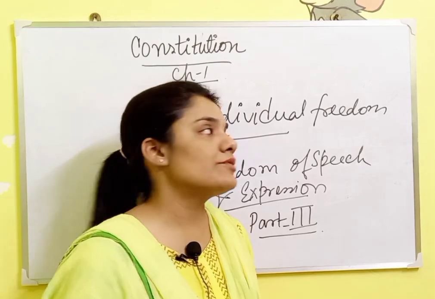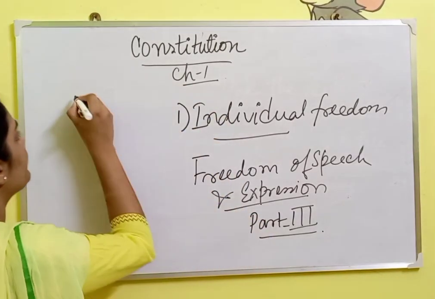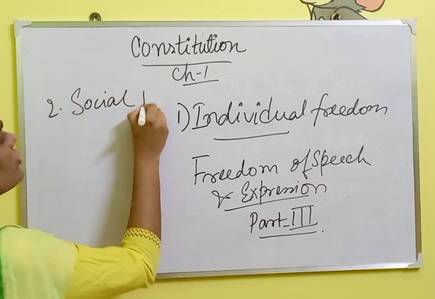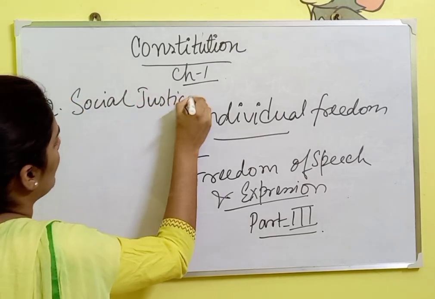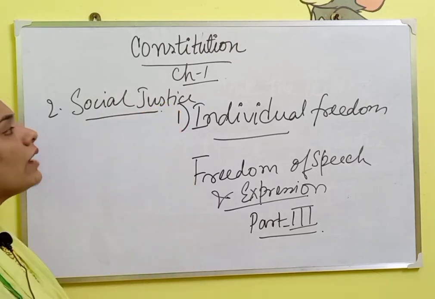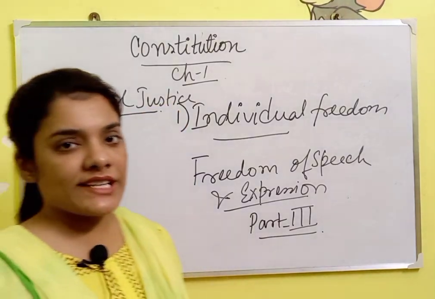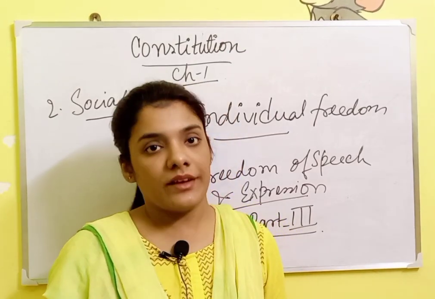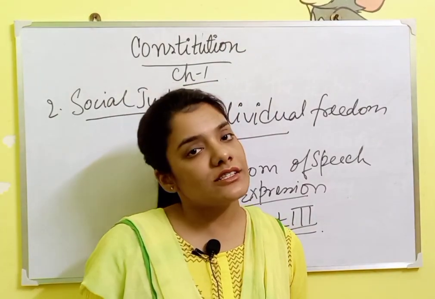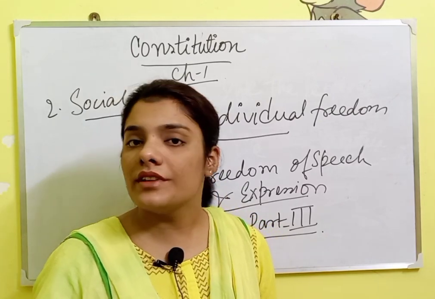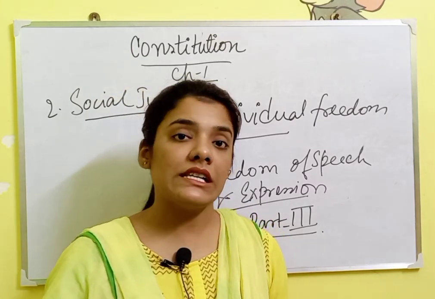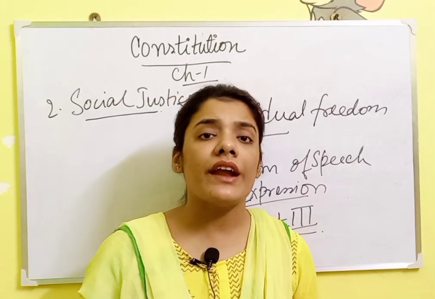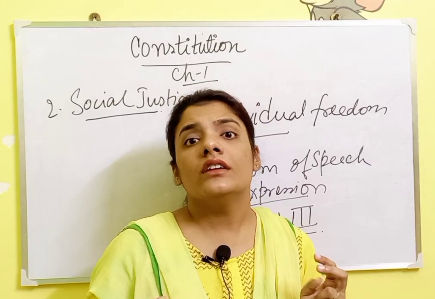Now, next comes social justice. When we talk about social justice, the first thing that comes into our mind is liberalism. Now, India has not only adopted the policy of liberalism, it has adopted a policy where liberalism has been blended with socialism.